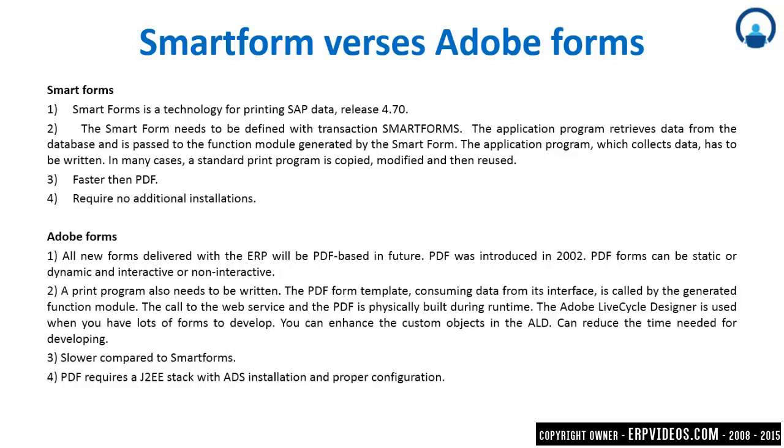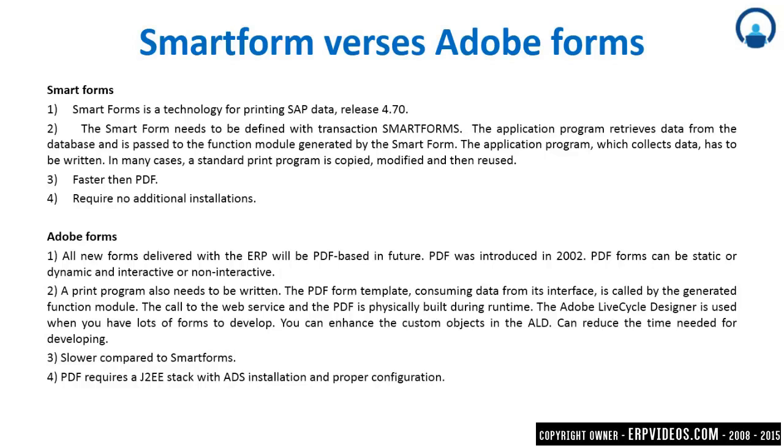Then here a print program also needs to be written, that is, we require a driver program. The PDF form template consumes data from its interface, that is, the data displayed in the PDF comes under the interface part, and is called by the generated function module. The call goes to the web service and the PDF is physically built during runtime. The Adobe LiveCycle Designer is used when you have lots of forms to develop.